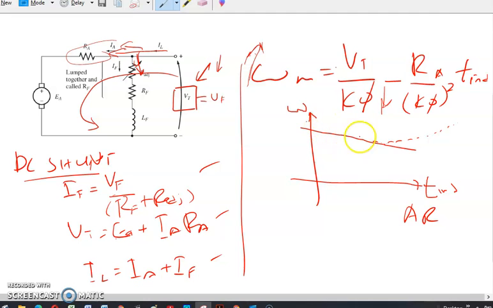We don't want this trend to happen, because we are not able to control the speed of the shunt motor. It will behave haywire: it reduces linearly, but after a certain point tends to increase. This is not preferable for a DC shunt motor.